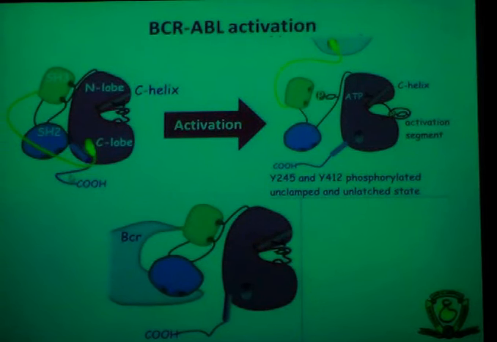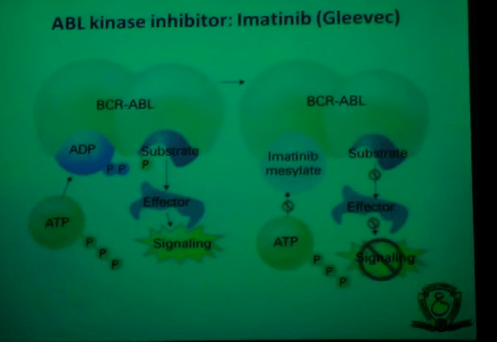It looks like this. The cells start proliferating uncontrollably. This is what is leading to leukemia. Because this translocation or mutation leading to BCR-ABL protein is happening in a myeloid cell, the myeloid compartment is expanded, resulting in chronic myeloid leukemia.